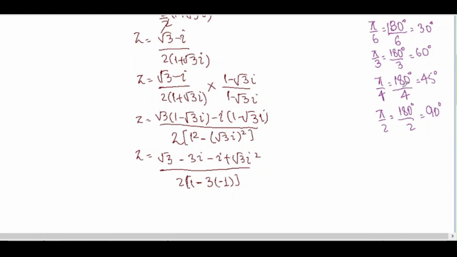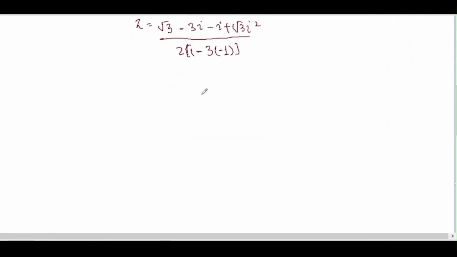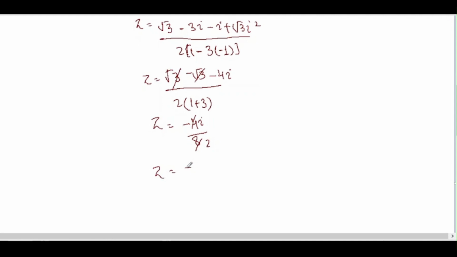Okay, now z equals square root of 3, and then plus square root of 3 into minus 1 gives us minus square root of 3, which cancel, and minus 3 iota minus iota gives us minus 4 iota, whole divided by 2 into 1 plus 3. Z equals minus 4 iota whole divided by 2 into 4, which is 8. 4 twos are 8, so it becomes z equals minus iota whole divided by 2.